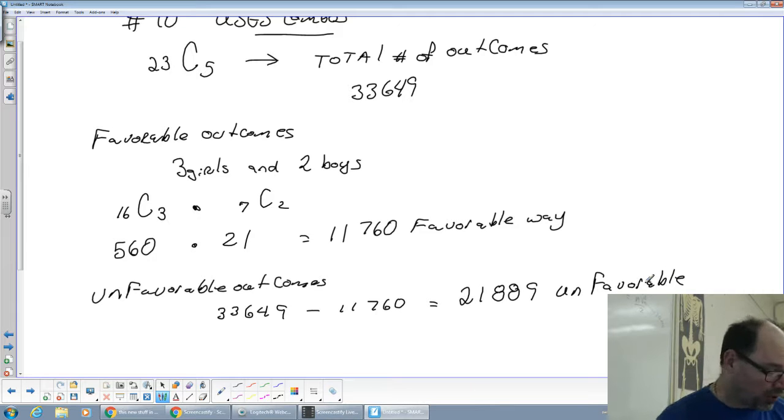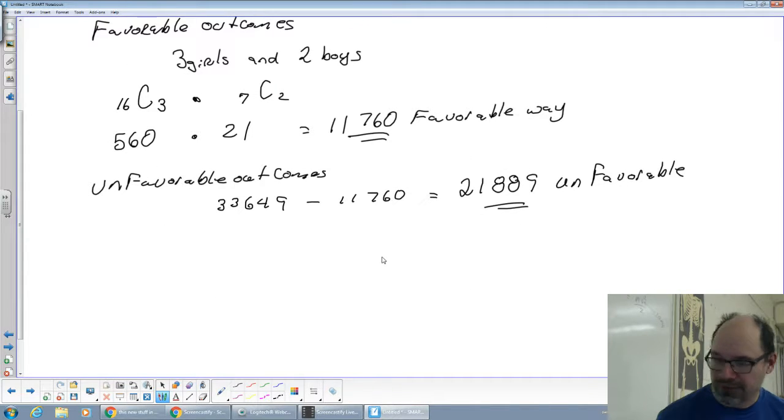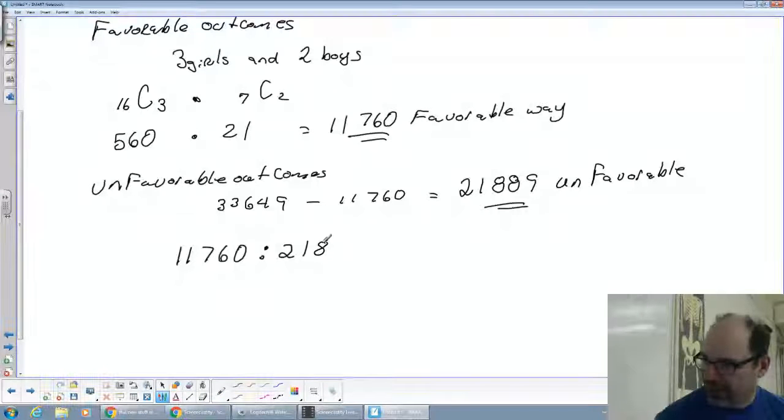Okay, so how do we do odds for? That's favorable versus unfavorable. So we have to take this number against this number. Let's do it. Okay, and it might reduce.